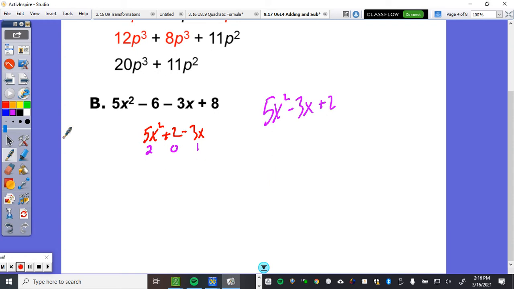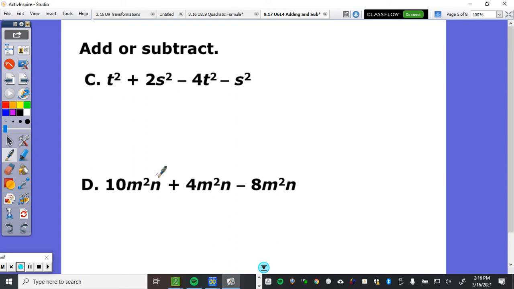Okay, this is really quite an easy section. So I want you guys to add or subtract these two right here. So if we think about kind of highlighting them, 1t squared minus 4t squared is negative 3t squared. 2s squared minus 1s squared is positive 1s squared.